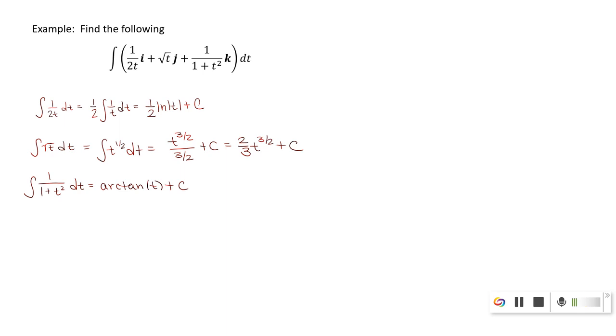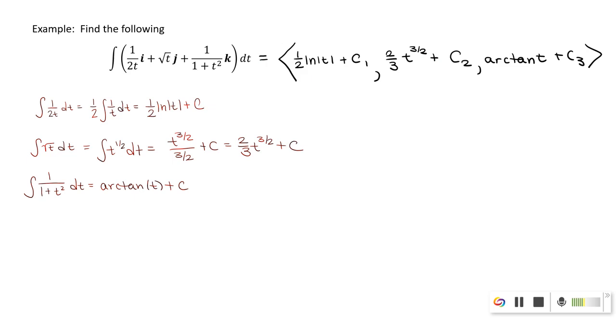I suppose if you didn't have it memorized, you could use a trig substitution. That sounds really hard. I think it's easier to just remember 1 over 1 plus t squared gives you an arctangent. So putting all of this together, my answer is going to be a new vector valued function.